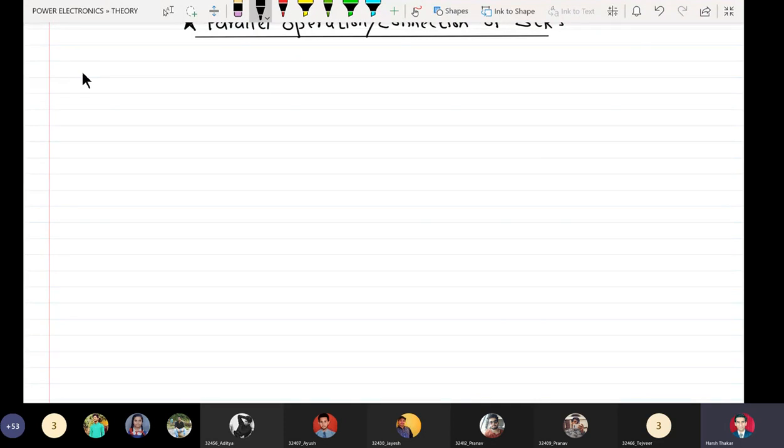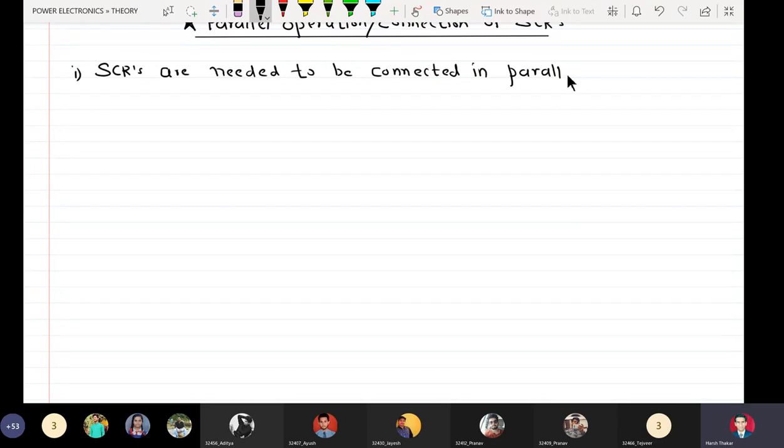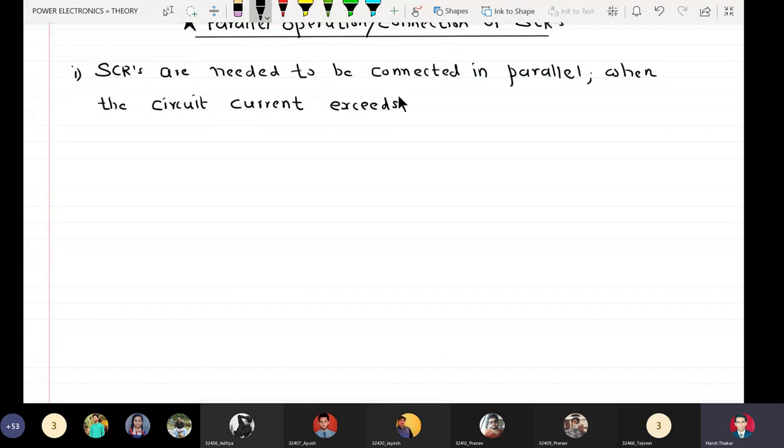So SCRs are needed to be connected in parallel when the circuit current exceeds the current rating of a single SCR.